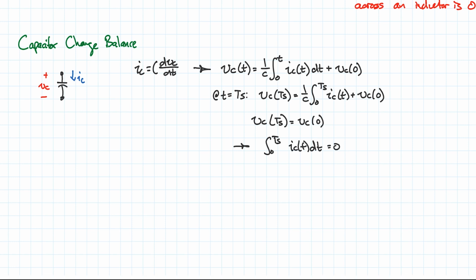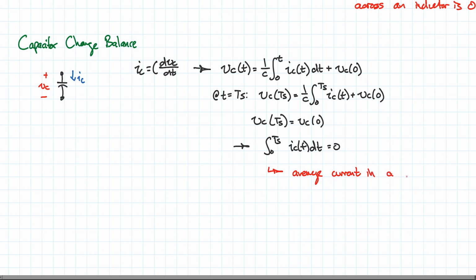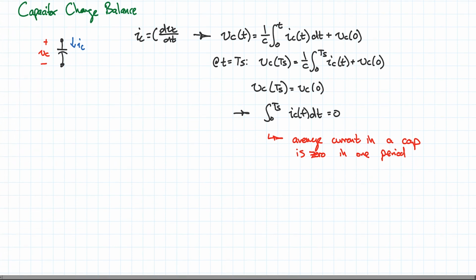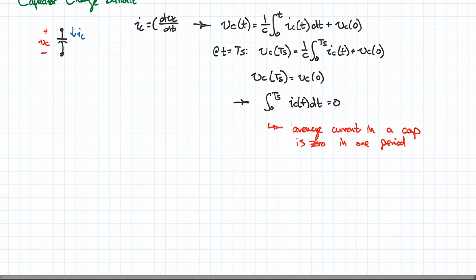And what this is telling us is that the average current in a cap is 0 in one period, just like in the inductor case. So if you have a single period, the average capacitor current should be 0 when it's in steady state. Now that doesn't always mean that it'll necessarily be in steady state, but as soon as it does reach steady state, it should be 0 again.